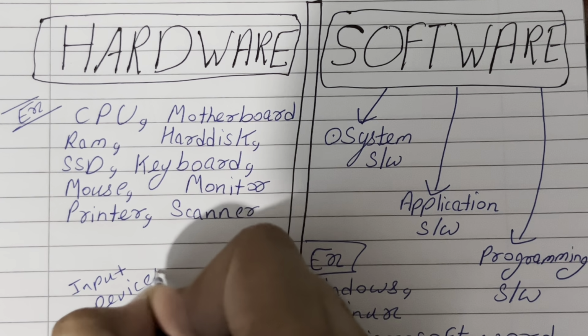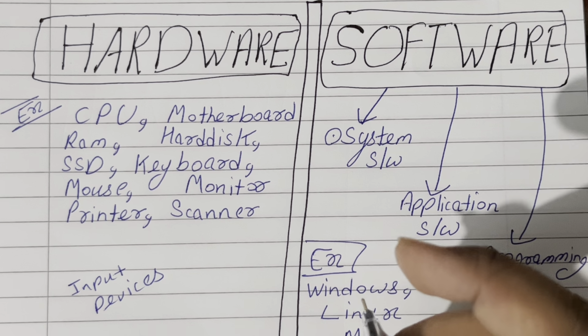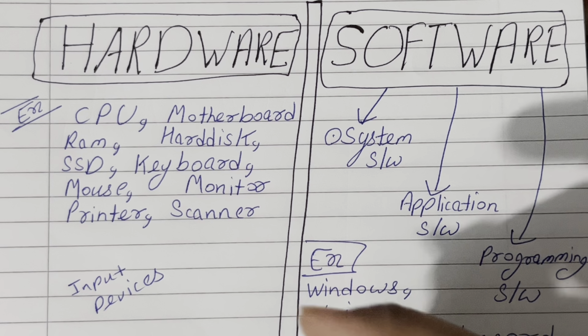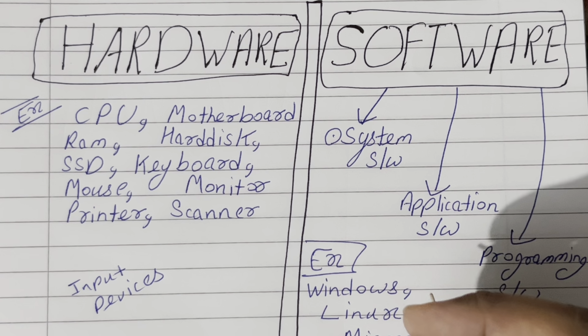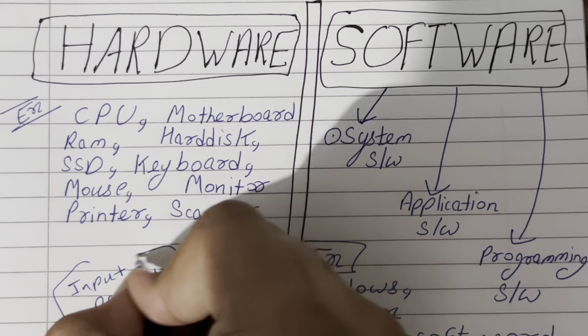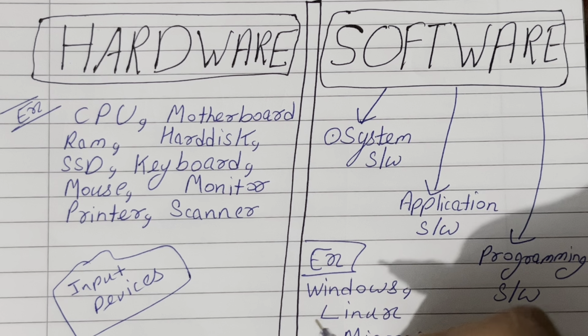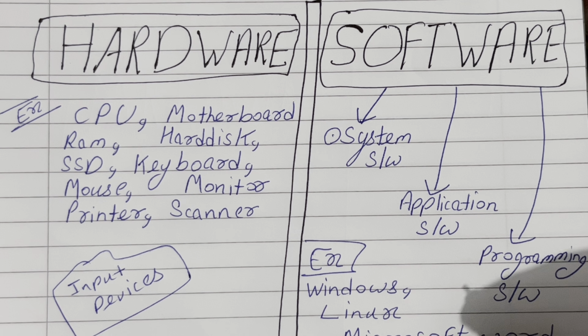Input devices are the hardware components used to enter data and instructions into a computer, and they provide a way for the user to communicate with the computer. The computer receives the information through these devices and then processes it. Input devices include examples such as keyboard, mouse, scanner, microphone, webcam, joystick, and touch screen.